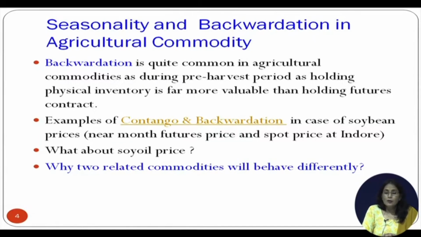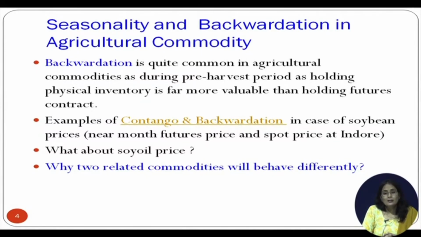The reasons for choosing the Indore spot market are twofold. One, the basis delivery center for the contract specification of the NCDEX soybean futures contract is Indore, and Indore is also the largest spot market for buying and selling soybean.